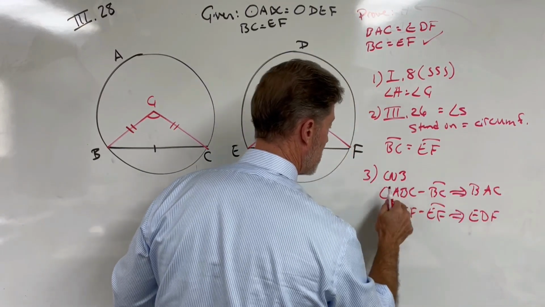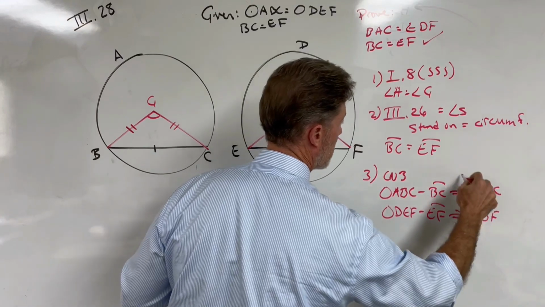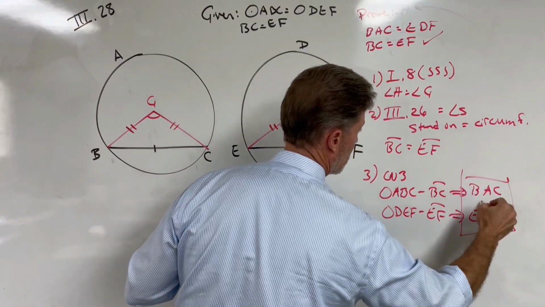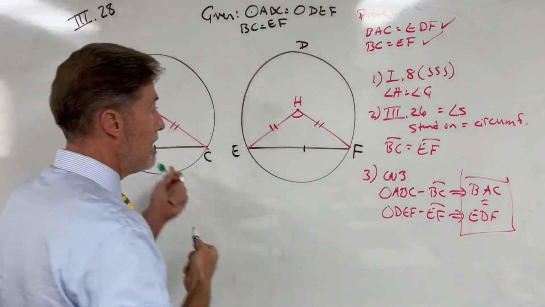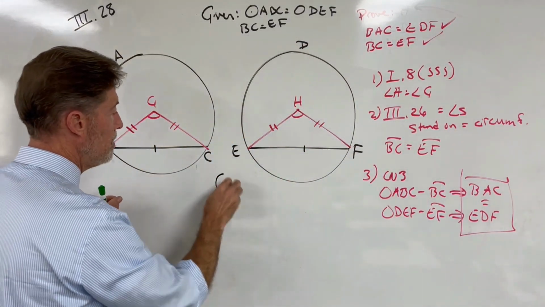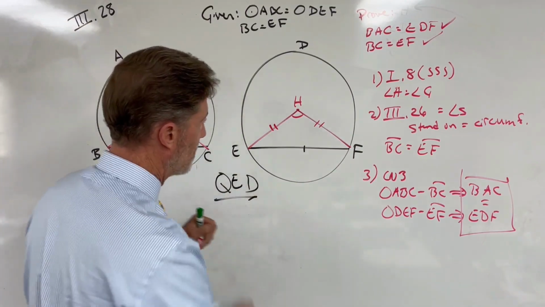Therefore, since these circles are equal and we're removing equal portions, the remainders are themselves equal, and that is the first thing we're supposed to prove. So since we've proven both of those things, we can conclude with QED.